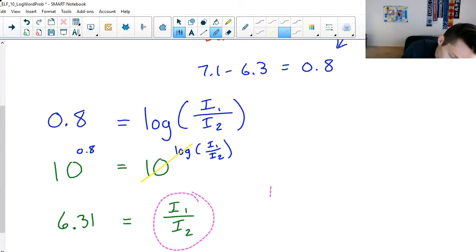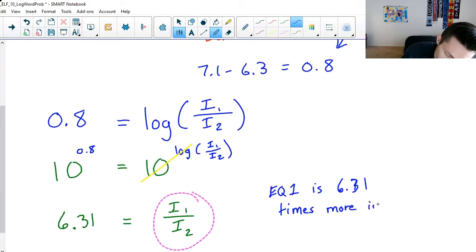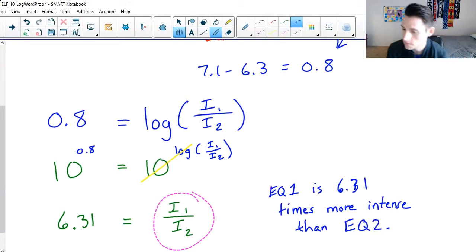So what this means is earthquake 1 is 6.31 times more intense than earthquake 2.